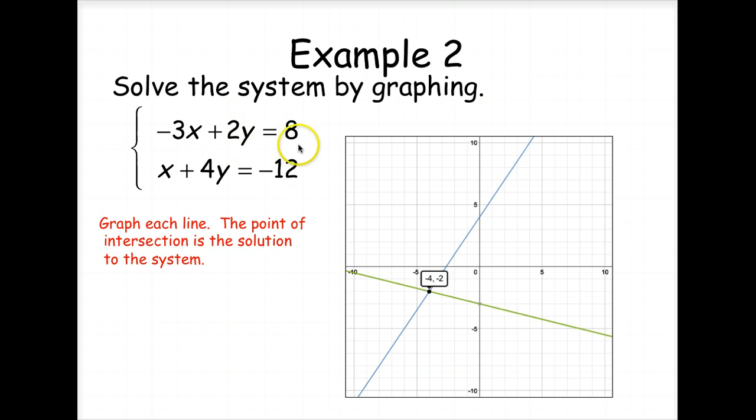And our slope is going to be positive, up 3/2. This one, if we subtract x from both sides and divide every term by 4, we're going to cross the y at a -3, and our slope is 1/4. They intersect at -4, 2. So that's going to be our solution.